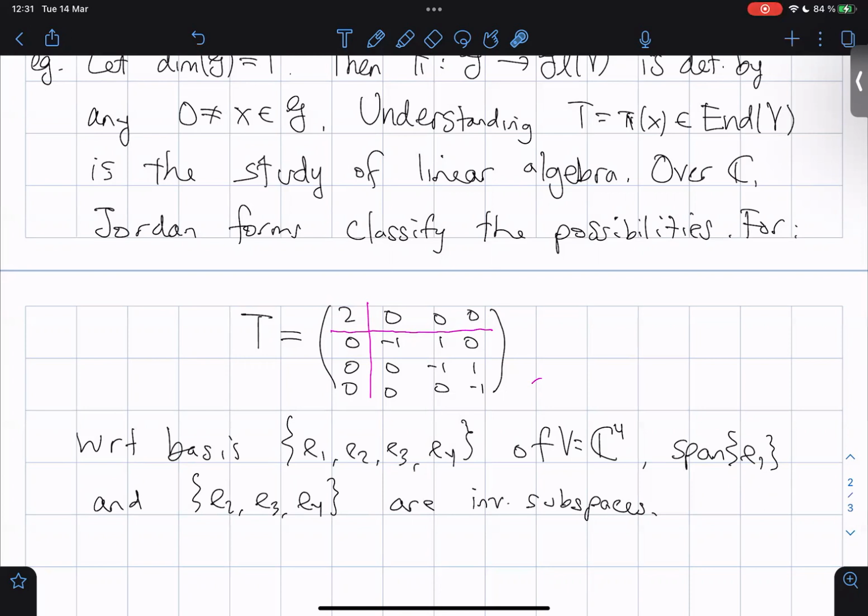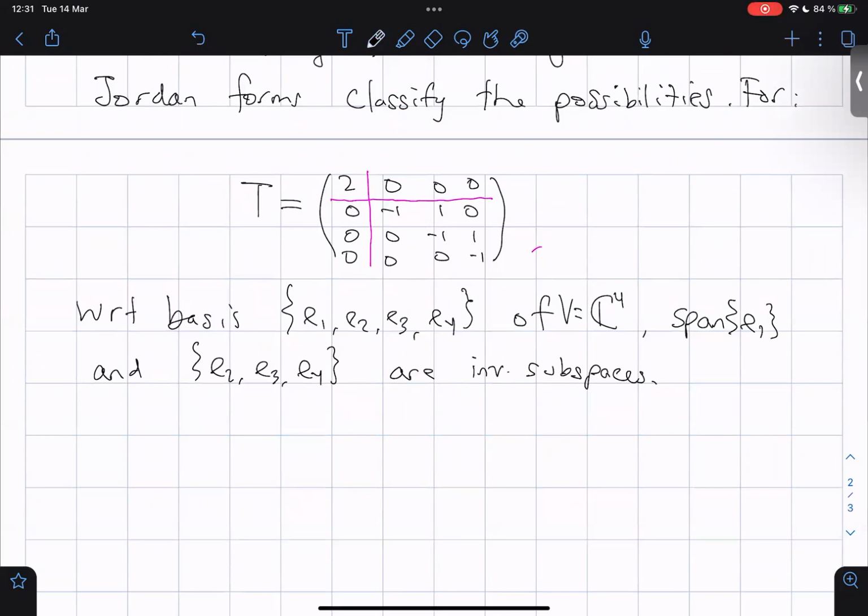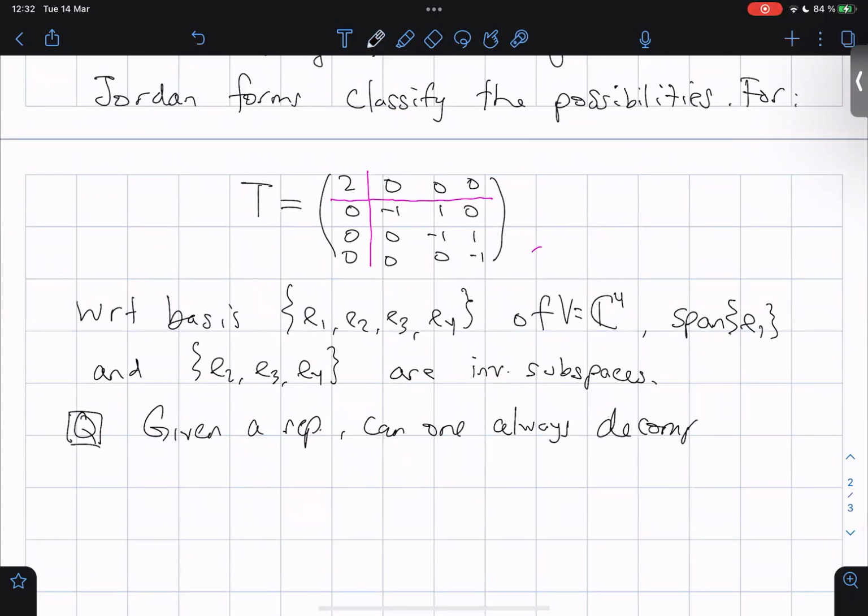So we're going to want to do this, but the first question to ask is, can you always do this? Given a representation, can one always decompose V into a direct sum of invariant subspaces?